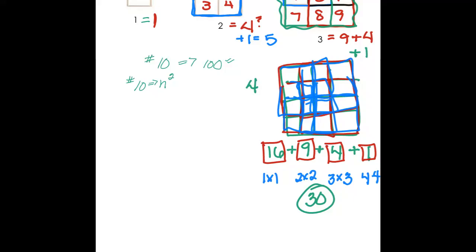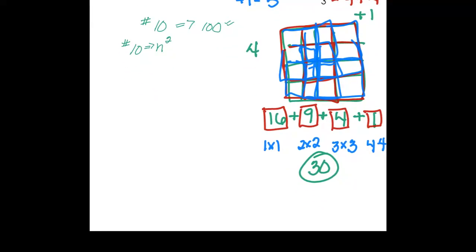Yeah, they're perfect squares. So to find the number in a 10 by 10 square, we would take all of these squares together. So 1 by 1s, we're going to have 100 of those.